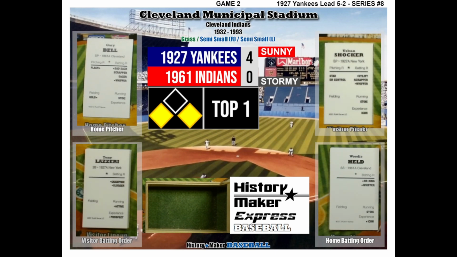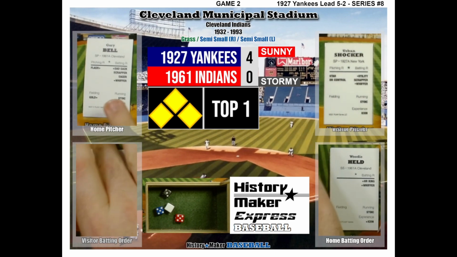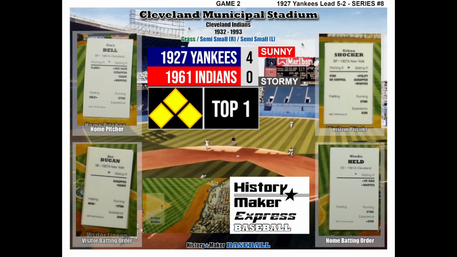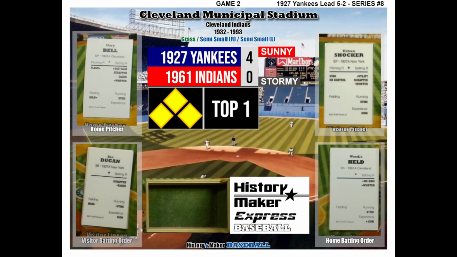And let's see what happens with Tony Lazzeri stepping up to the plate. 35, please. Control pitcher grounds out. No. Is going to walk the bases loaded. And folks, I think the 1927 Yankees may have just made up the 1961 Indians manager's mind.